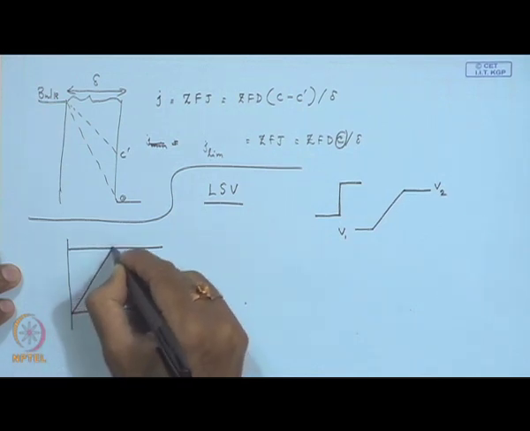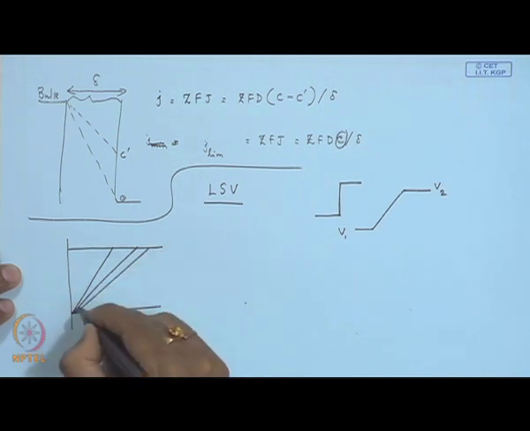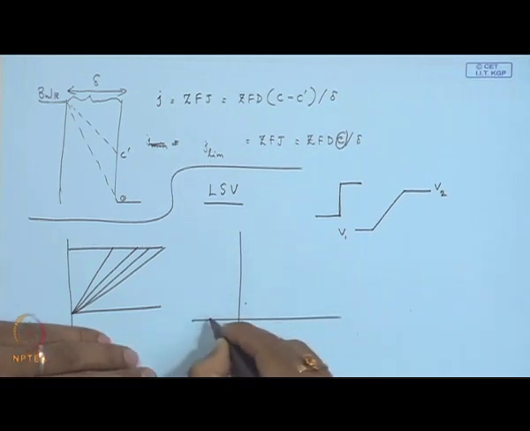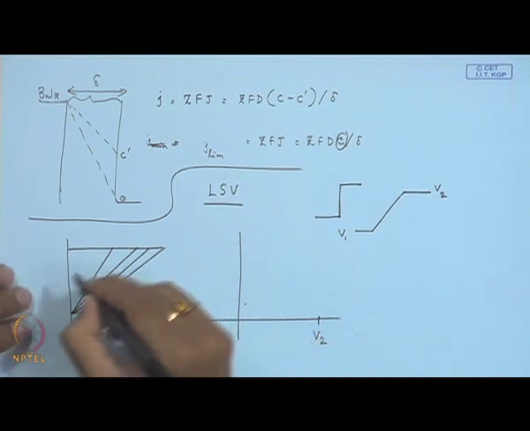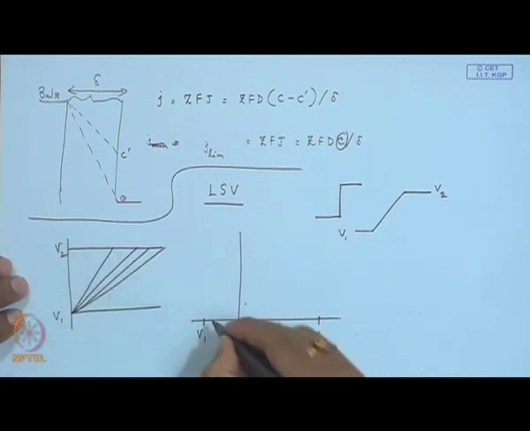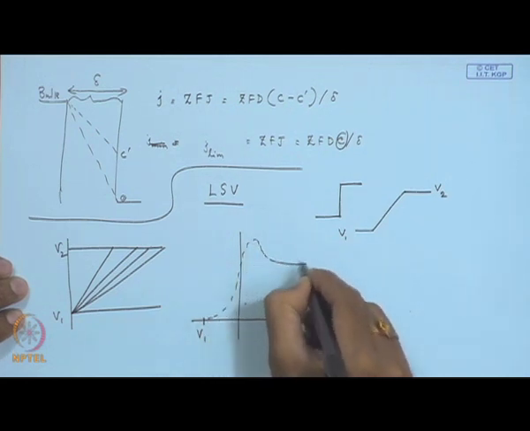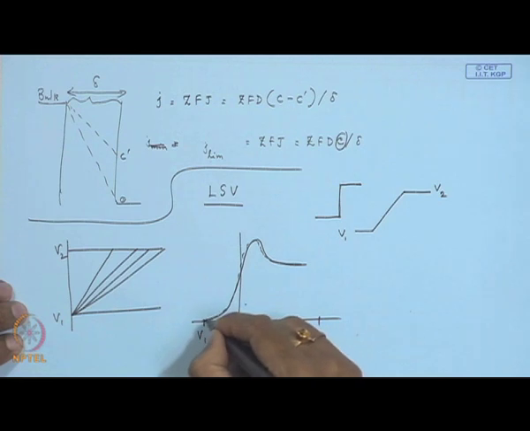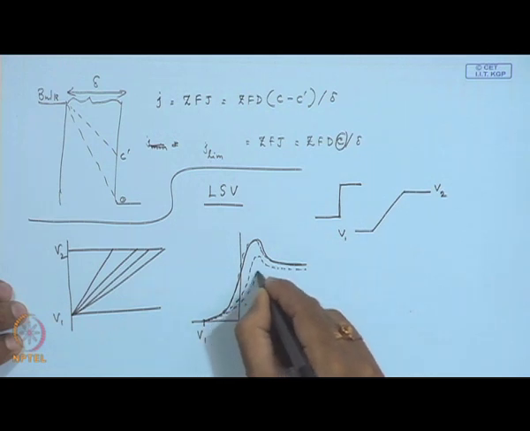You change like this, and accordingly you generate V1 to V2, something like this, then maybe like this. It is because of the scan rate changing.